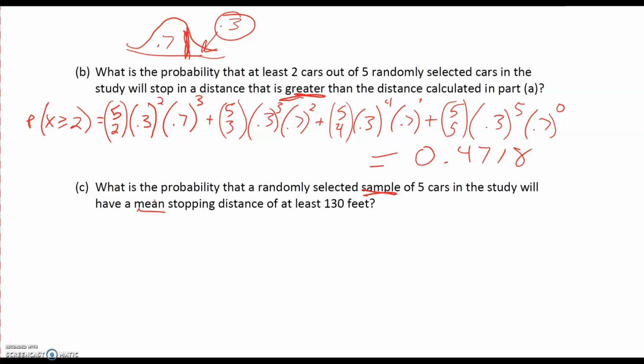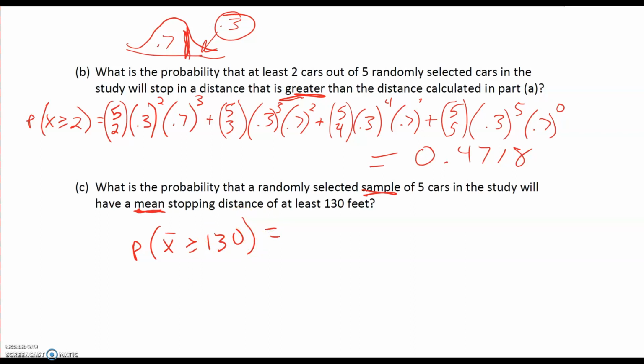Okay, so we're talking about a sampling distribution of sample means, if you remember what to do there.